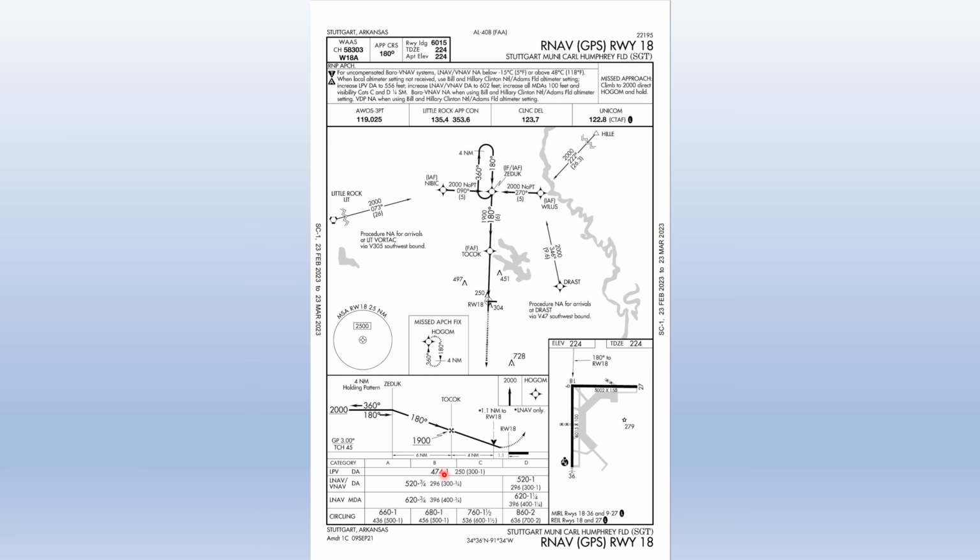You have your decision altitude or MDA, visibility, and height above touchdown. And you notice just like an ILS, LPV approaches typically have one set of minimums for all categories of aircraft. LNAV VNAV sometimes have different minimums for different categories of aircraft, and same for just the plain old LNAV.